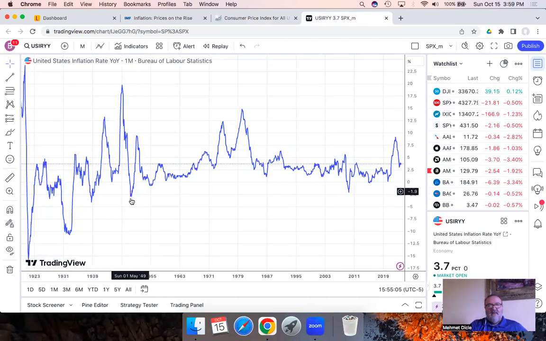So there are times that we actually had 15%, but recently we have been going on a downtrend, which was actually quite nice. From the 1980s all the way until 2020, up until COVID, the inflation was on a downtrend, and we have seen very close to no inflation at all.